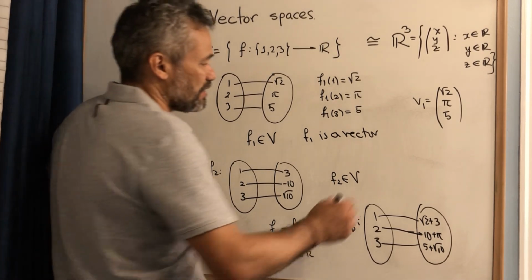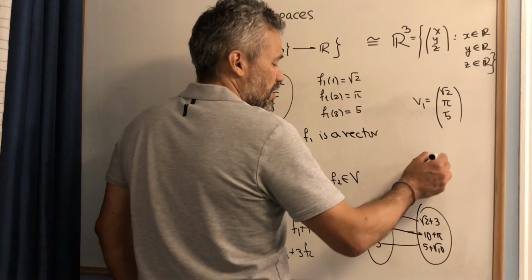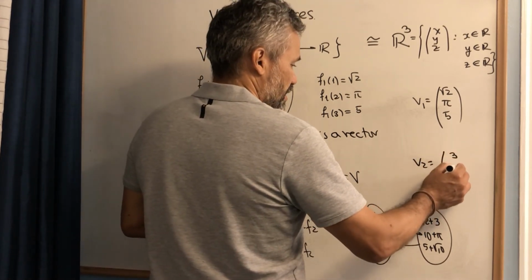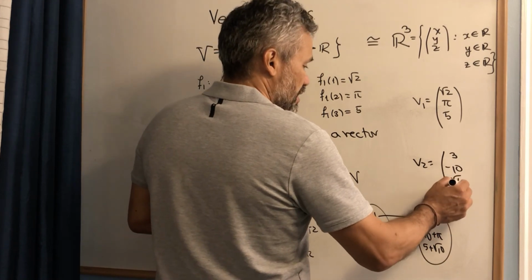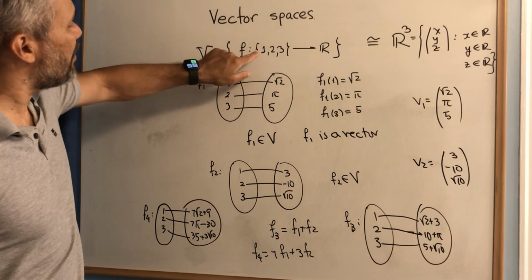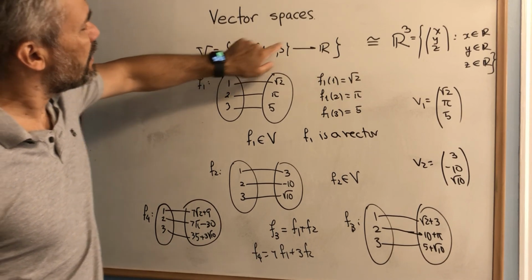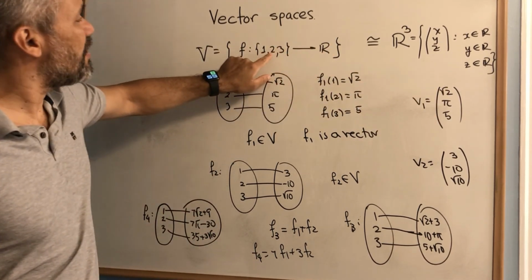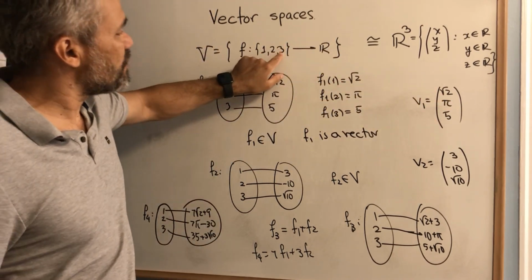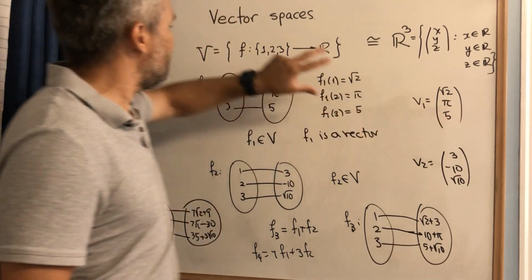And this is an element in this vector space, but we have a correspondence for this one. We can define v2 equal to 3, negative 10, square root of 10. Then it's like the value of the function at 1 gives us the first entry, the value at 2 gives us the second entry, and the value at 3 gives us the third entry.